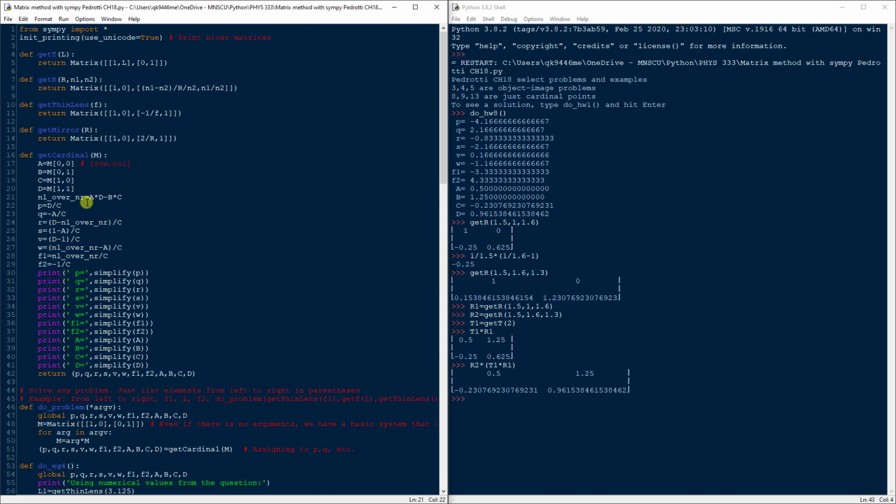We talked about it. This is because the refraction matrix has that as its determinant, and all the other matrices, their determinants are equal to 1. So if you multiply them all together to get your system matrix, the system matrix will have its determinant equal to n left over n right. So that's how I got the n left over n right.